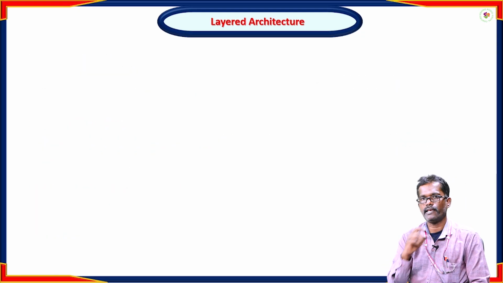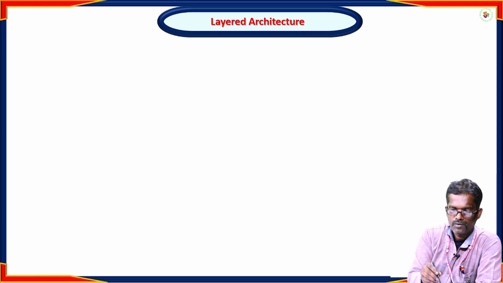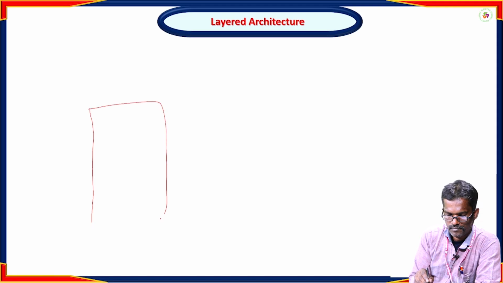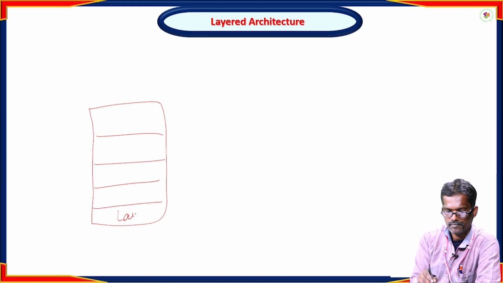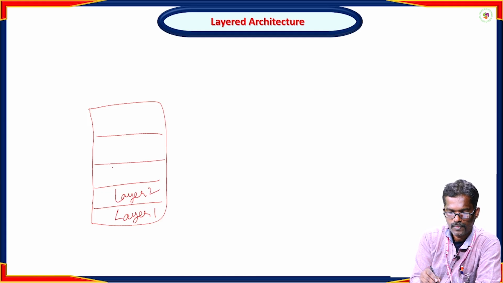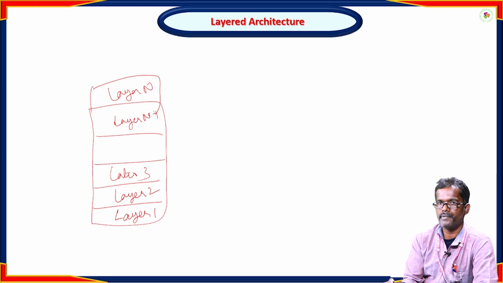Then we'll see the layering architecture, and why we require this layering. Suppose you have a network. For this we have layer 1, layer 2, layer 3, like that up to layer n minus 1 and layer n; 1 to n number of layers can be used here.